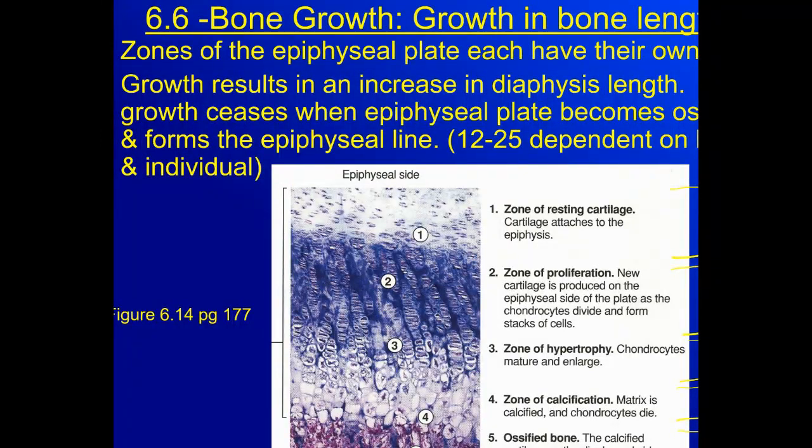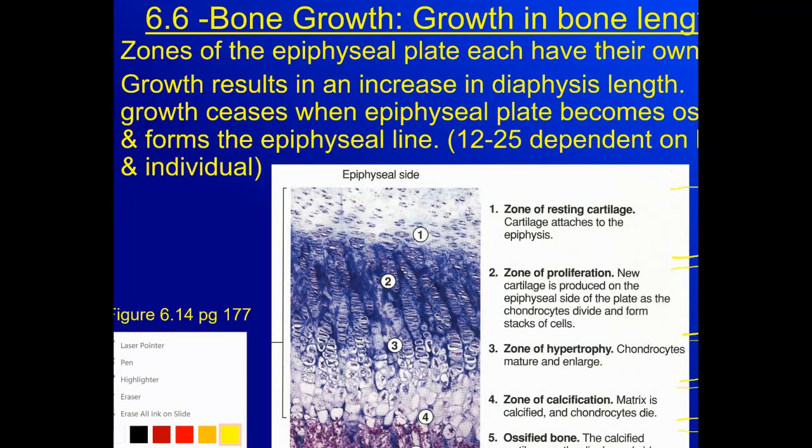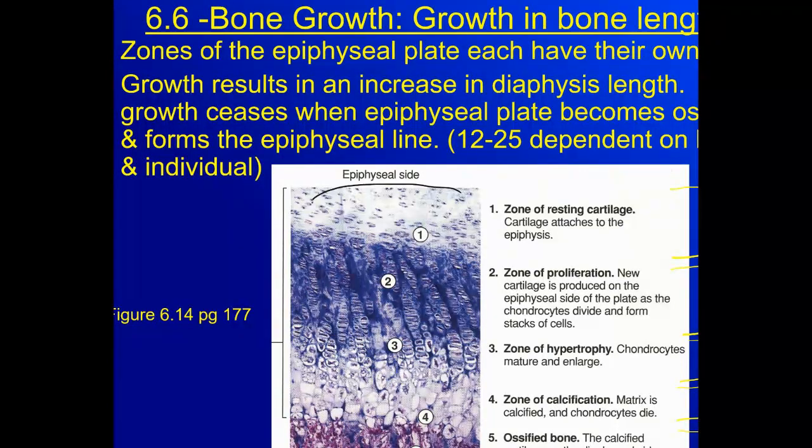All right. The zone of resting cartilage up here is basically the cartilage that attaches the tip of our bone, the epiphysis, to the rest of the bone. It's an anchor point. Then we have the zone of proliferation. If you look, you can see little cells inside of this space here.